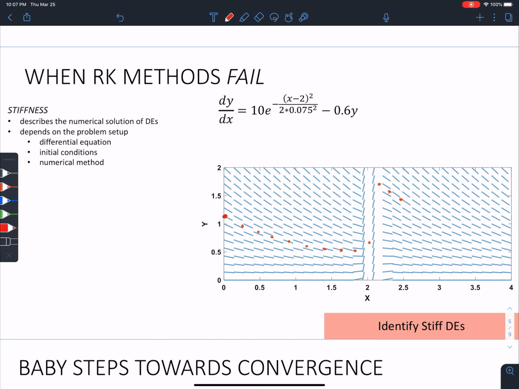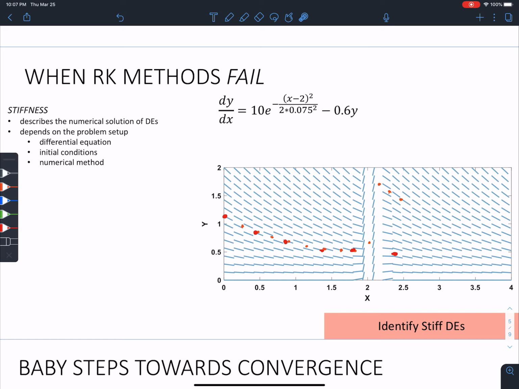So here we may still do relatively okay, but then if we continue this large time step, we may completely miss this guy. So here's the idea that if the time step is too big, that may not be appropriate for some regions of the function.